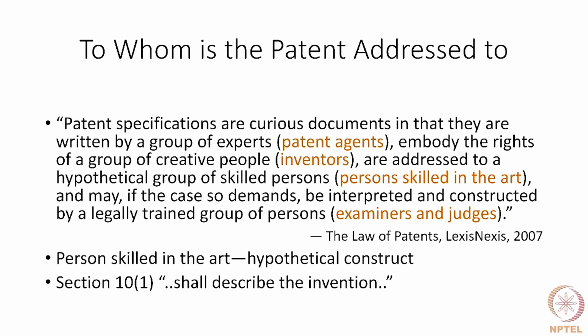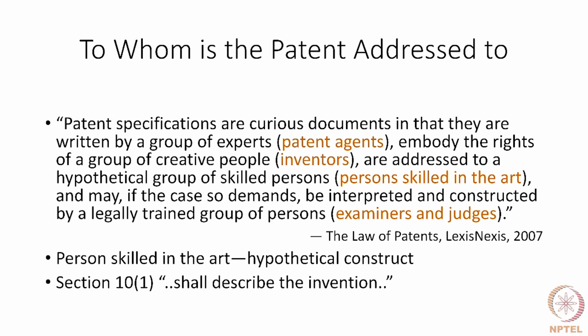So it's a hypothetical construct because if the invention combines technology from three fields, then you will have to assemble, hypothetically, that is, you don't actually do that, assemble a group of people who will have skills from all the three fields of technology. So it is from that perspective that the patent is constructed.